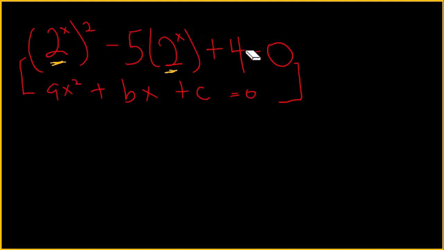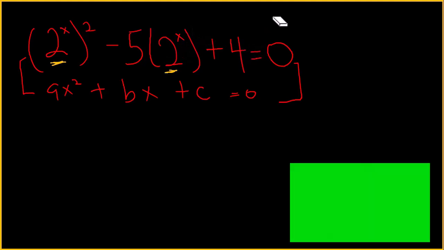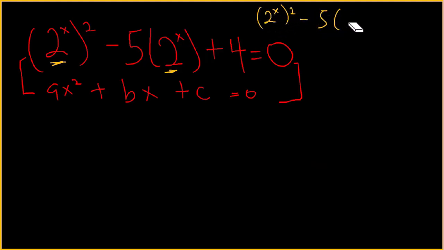What will be the last index of 2 to the power x? That will be 0. So this can be written this way: 2 to the power x raised to the power 2, minus 5 multiplying 2 to the power x raised to the power 1, plus 4 multiplying 2 to the power x raised to the power 0, equals 0.